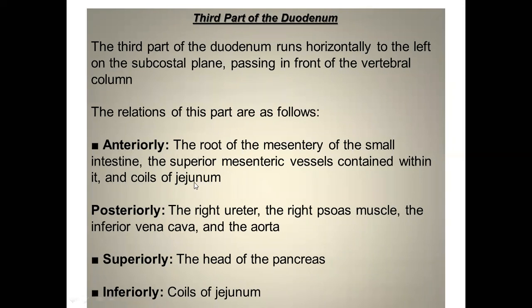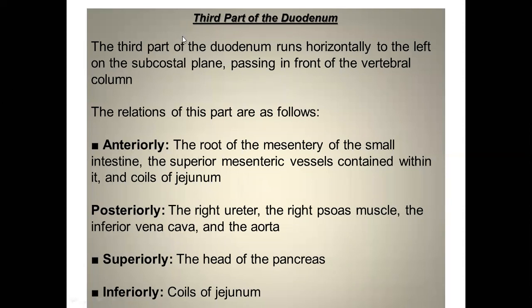Also, the anterior relationship is with the coils of jejunum. So in the third part of the duodenum, anteriorly we basically have two structures: the coils of jejunum and the root of the mesentery of the small intestine, which contains the superior mesenteric vessels inside it.